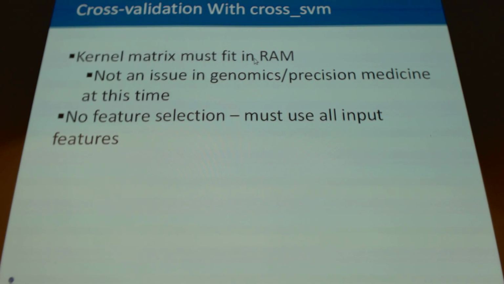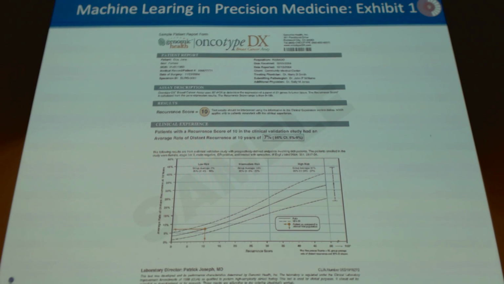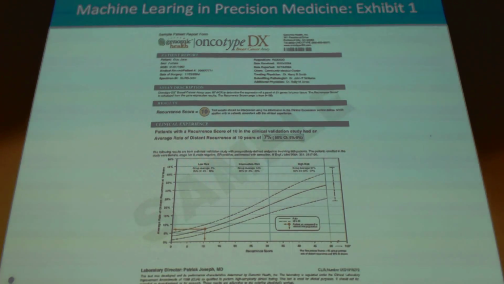At this point, let me just show you briefly while it's crunching the actual applications of this that exist today. By this I mean precision medicine. They are relatively limited. I have two examples here. One is called the Oncotype DX breast cancer test, and it gives a probability of recurrence of breast cancer after initial surgery.